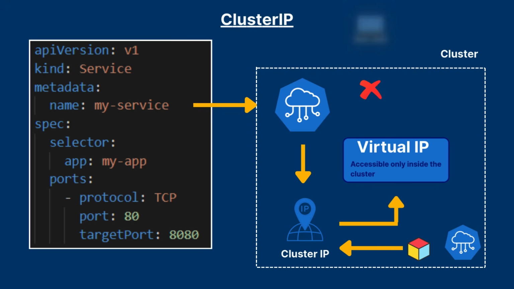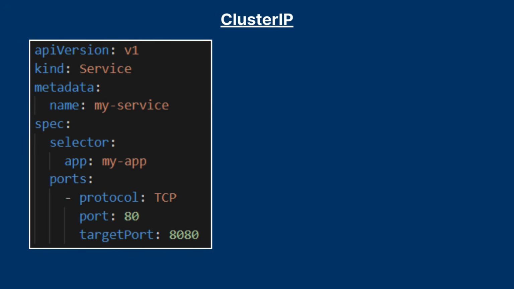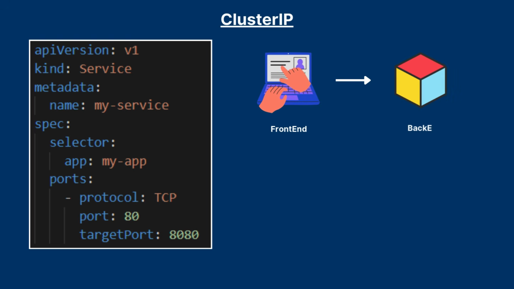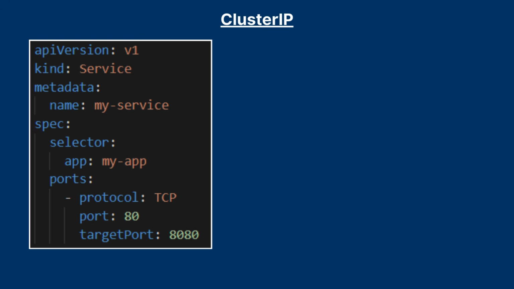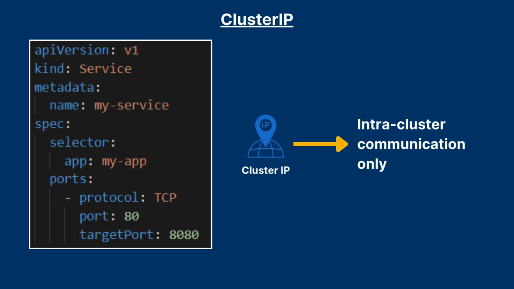But you cannot directly access it from your local machine or from outside the cluster. We use this when we want internal communication. For example, a front end talking to a back end or a back end talking to a database. Think of cluster IP as intra-cluster communication only.